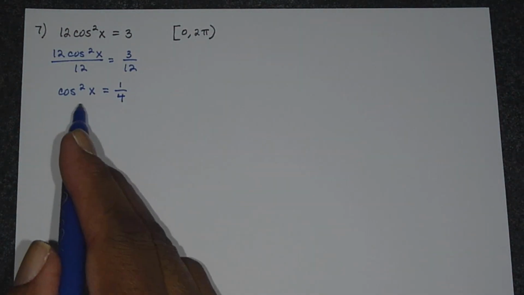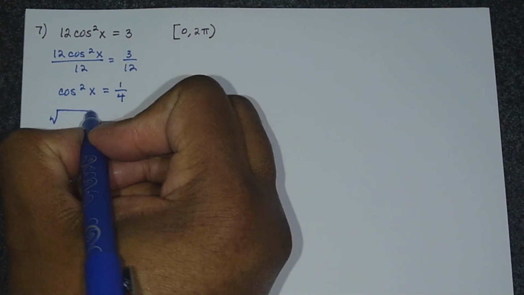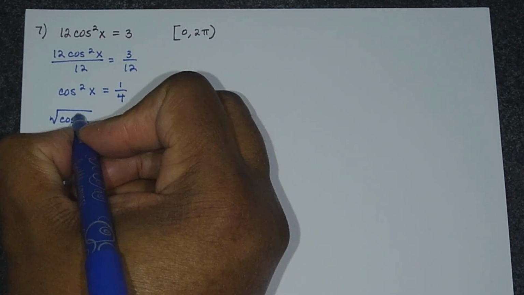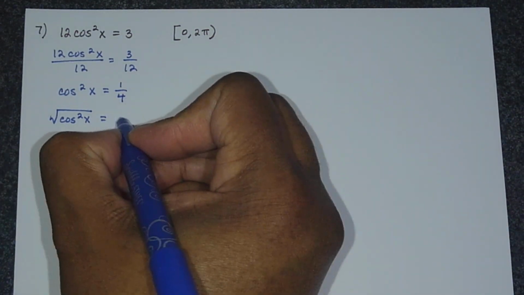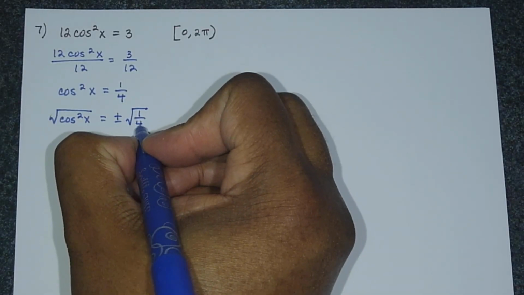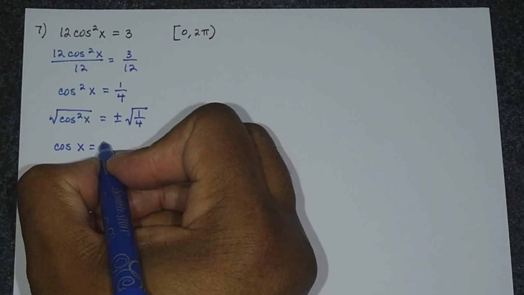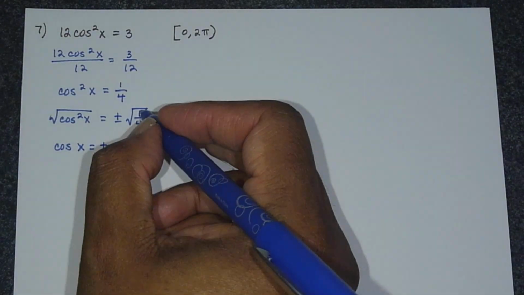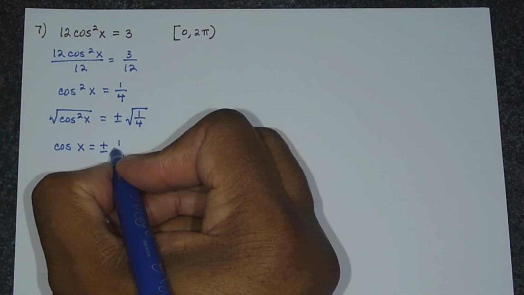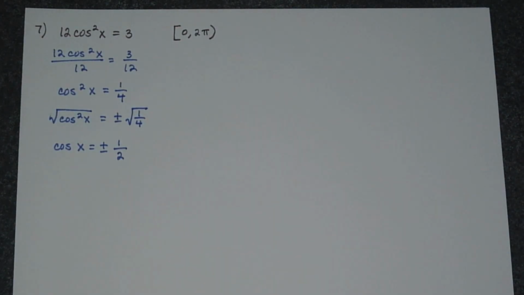And then the opposite of squaring something would be to take the square root of both sides. But if we take the square root on both sides, we need plus or minus. So now cosine of x will be by itself, and that's equal to plus or minus the square root of 1, which is just 1, over the square root of 4, which is 2.